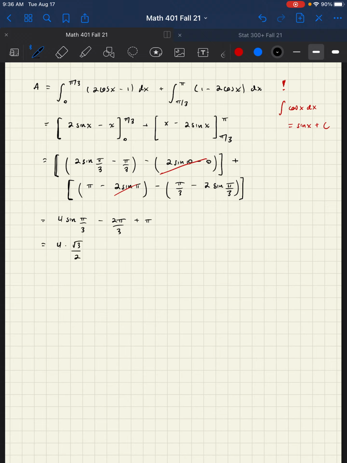So we get 4 times root 3 over 2. And minus 2 pi over 3 plus pi gives us plus pi over 3. And our last step is to clean this up just a tiny bit more. The 4 and the 2 will give us a 2 in the numerator. So 2 root 3 plus pi over 3, that is actually our answer. And we're done.